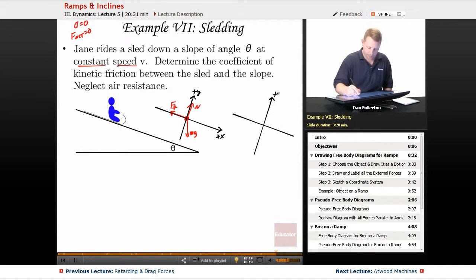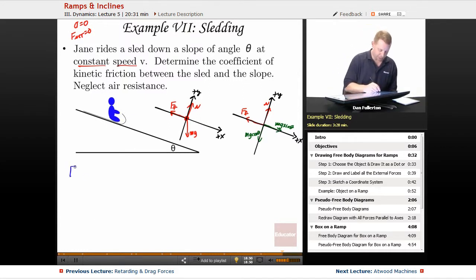Here we have our positive y, positive x. We still have our normal force. We still have our frictional force. And mg we're going to break up into components. We have mg sine theta parallel to the ramp, and mg cos theta perpendicular to it.